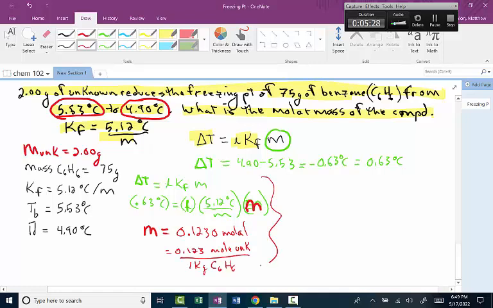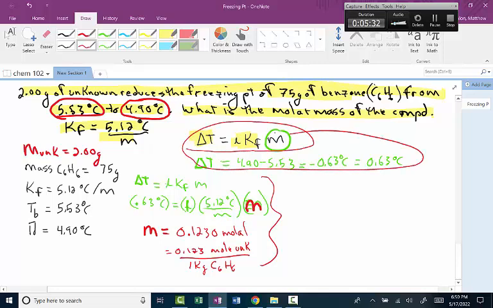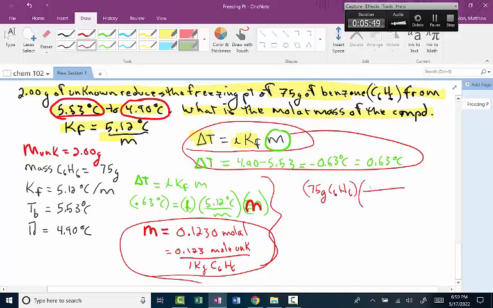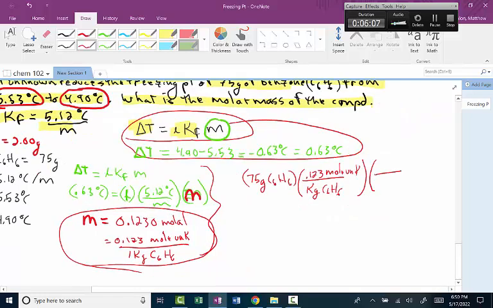The second part of this, that's actually the third. This is the first part, calculating delta T, then calculate the molality, and now I'll calculate moles from the molality. I have 75 grams of C6H6, and I'll multiply by 0.123 moles of unknown per kilogram of C6H6, and I've got to convert kilograms to grams. 1 kilogram, 1,000 grams.